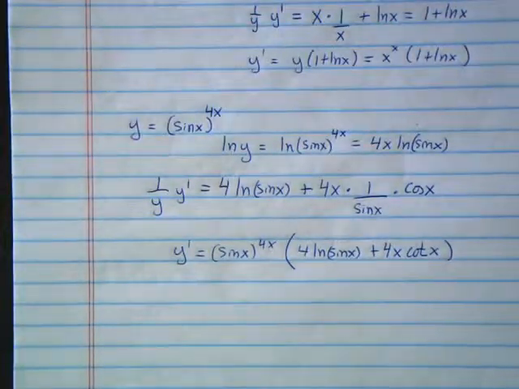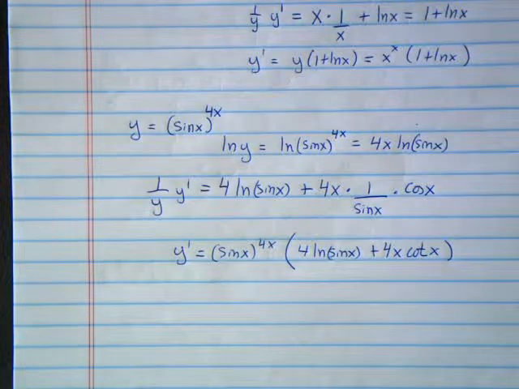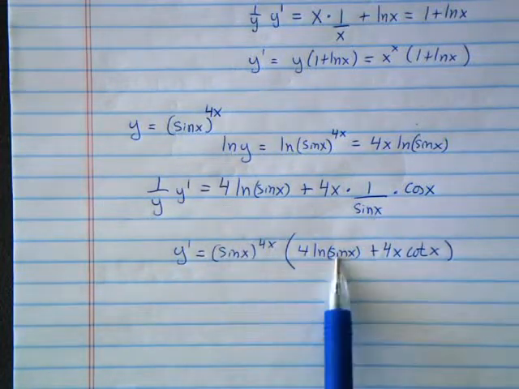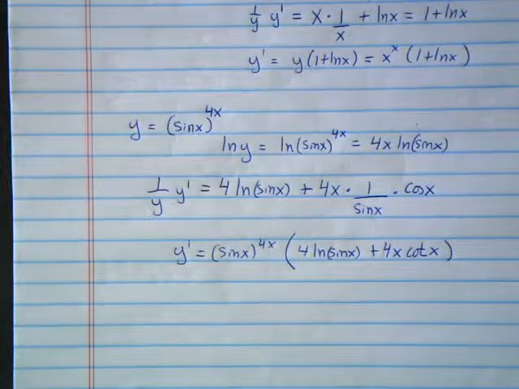Other questions? We just leave it like that. As far as I'm concerned, if you'd written it as cosine over sine, I would have been okay with that too. I wouldn't care if you didn't switch that to cotangent. There's not much more you could do. About the only thing you could do is distribute it through, but that's not really going to help anything. I would leave it like that.